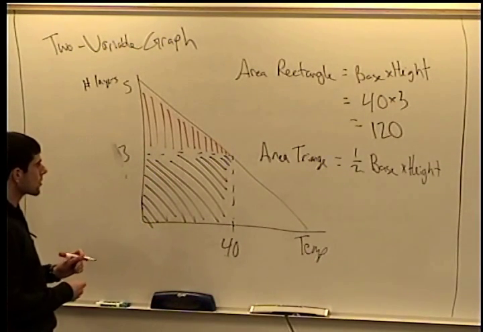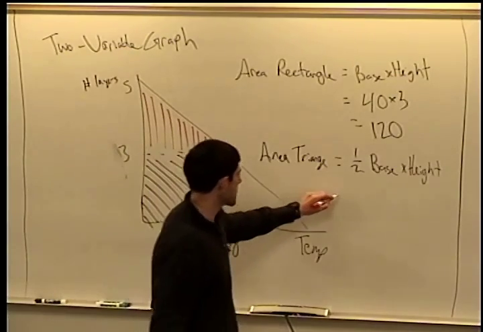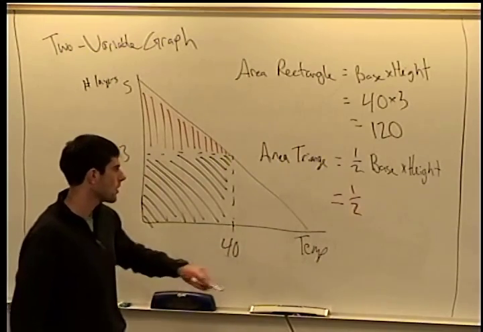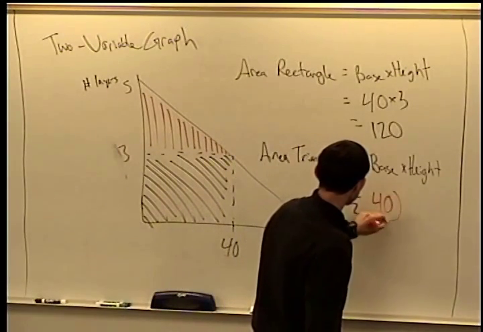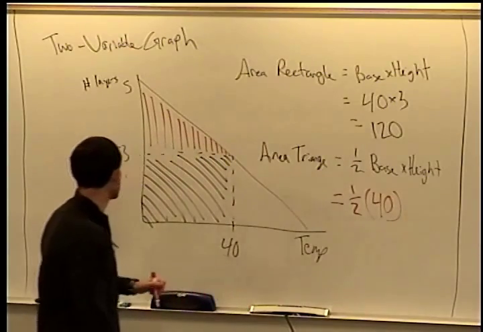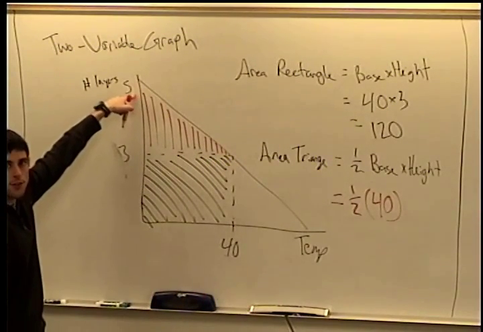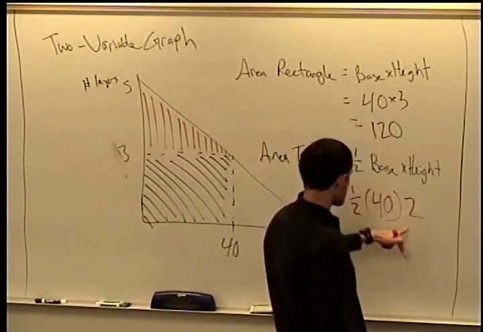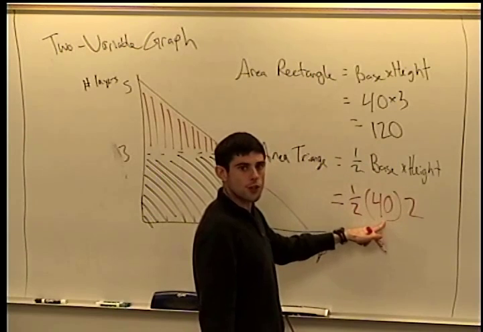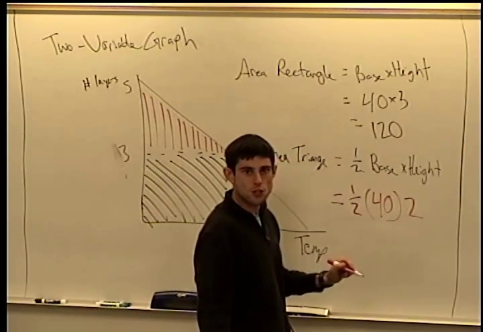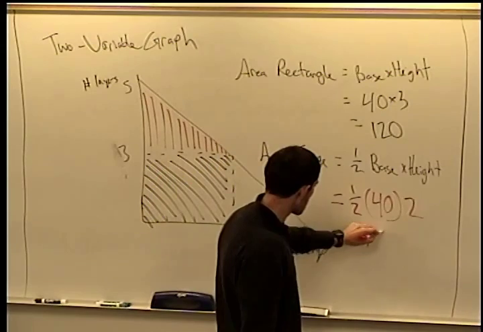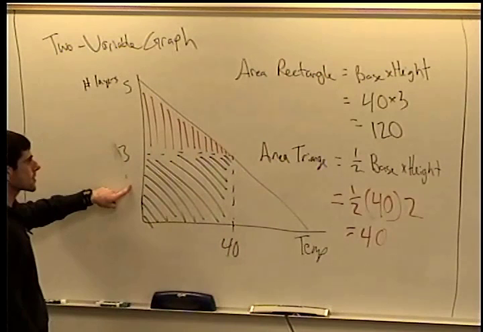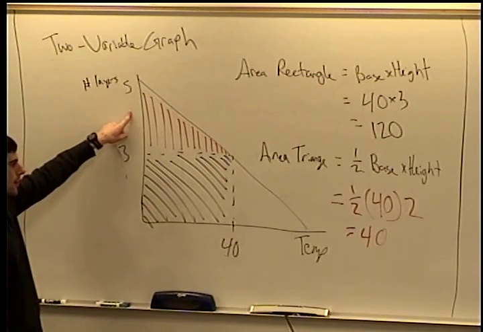Okay, so here, that's going to be equal to 1/2 times the base, which is 0 to 40, or 40, times our height, which goes from 3 to 5, or 5 minus 3, which is 2. So I have 1/2 times 40, which is 20, times 2 gives us 40. Okay, so the area of our rectangle is going to be 120. The area of our triangle is 40.